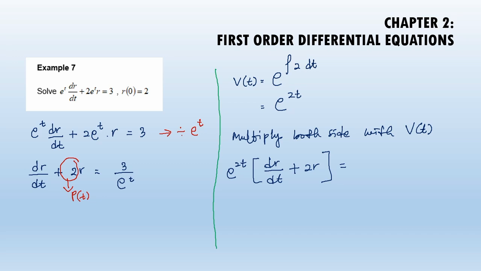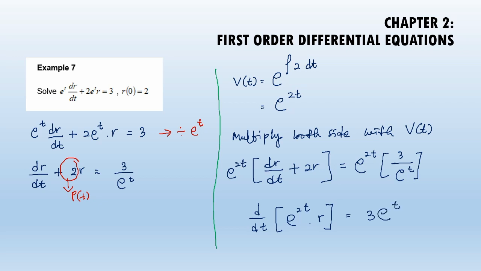and the same goes for the right side. So we simplify the left hand side into a derivative of e to the power of 2t times r equals, and we simplify the right side, so we have 3e to the power of t.